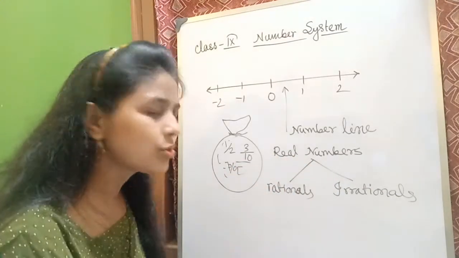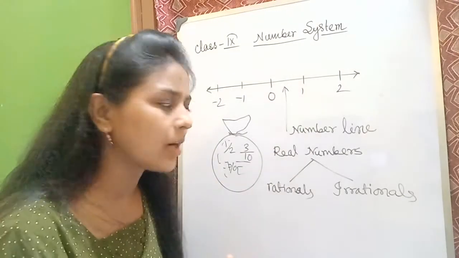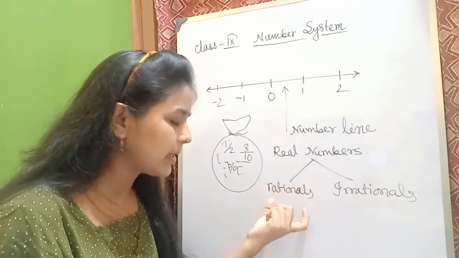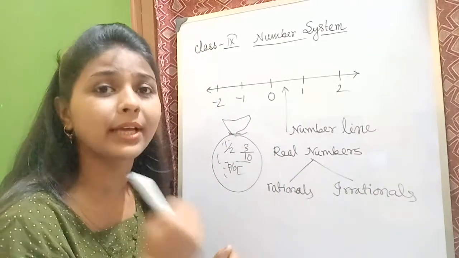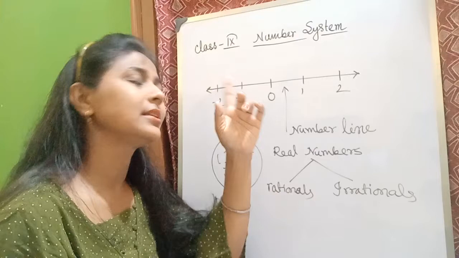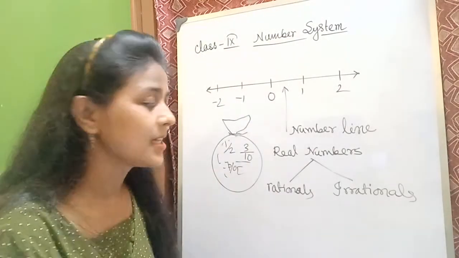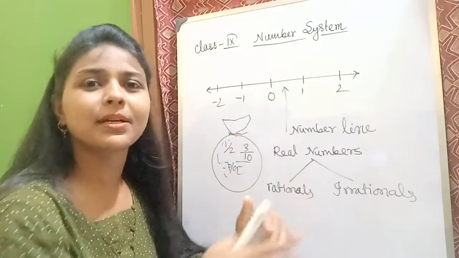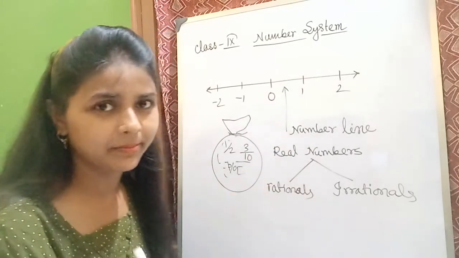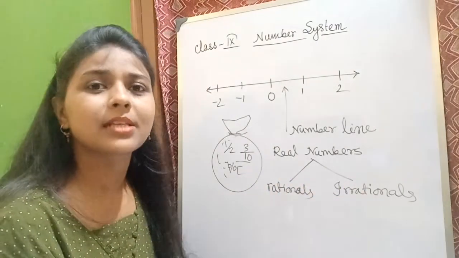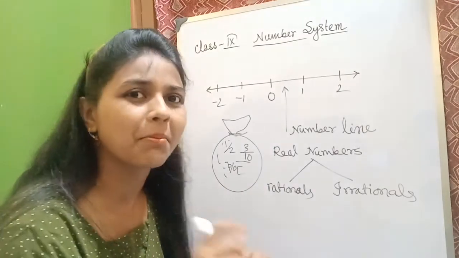Okay, so we will gradually find out that, like rational numbers, irrational numbers also can be placed on the number line. Rational numbers can be found on the number line, and irrational numbers also have a particular unique spot on the number line.